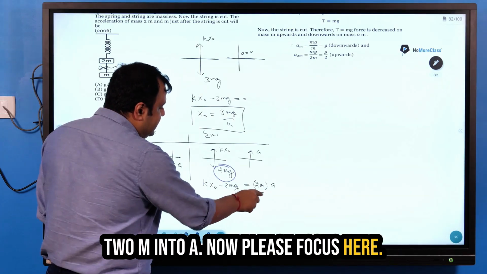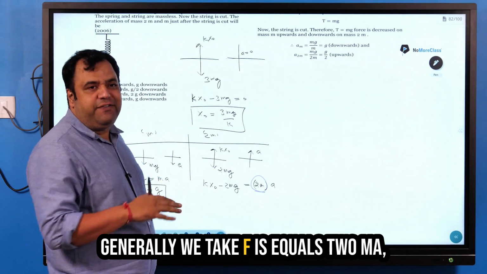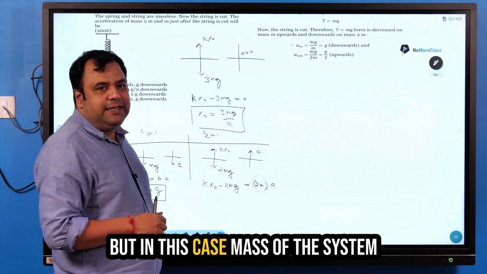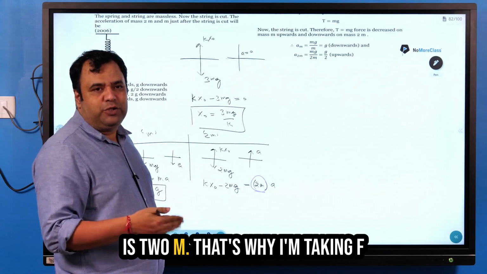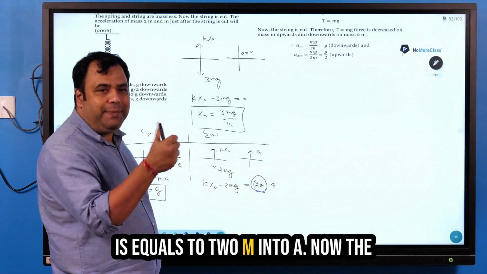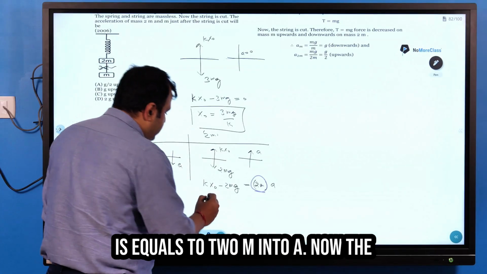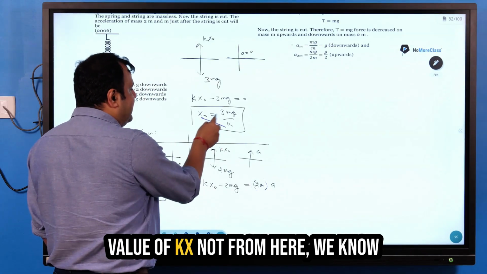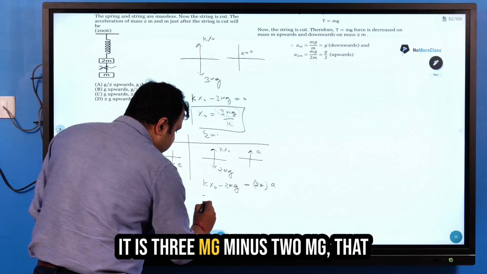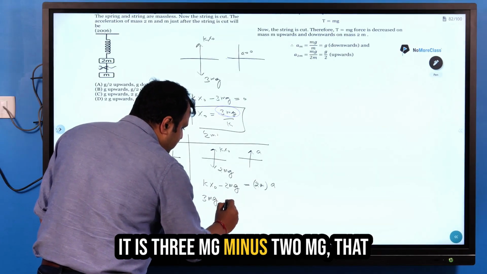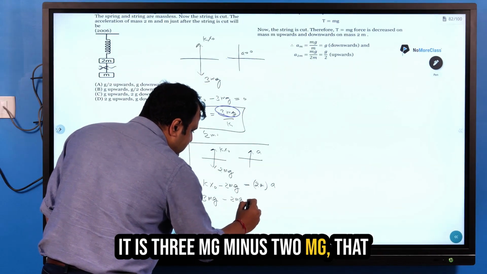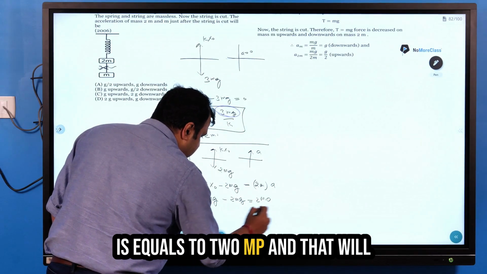Now please focus here. Generally we take F equals ma, but in this case, mass of the system is 2m. That's why I'm taking F equals 2m into a. Now, the value of Kx naught from here is 3mg, minus 2mg, that equals 2ma.